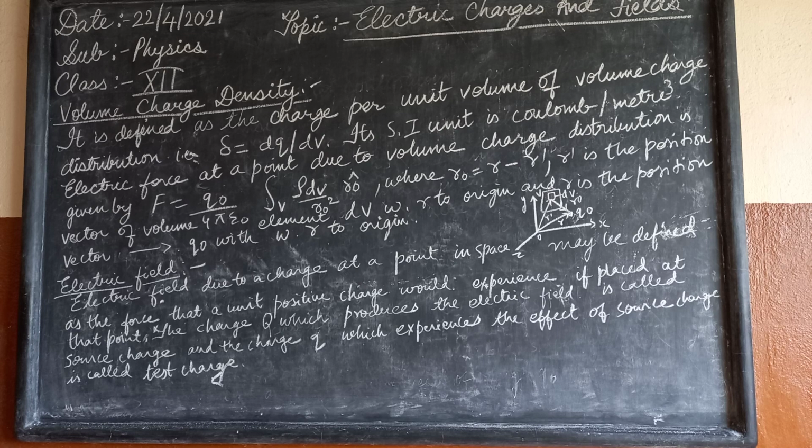So the charge Q which produces the electric field is called the source charge, and the charge which experiences the effect of the source charge is called the test charge. So big Q is the source charge, and small q is the test charge.